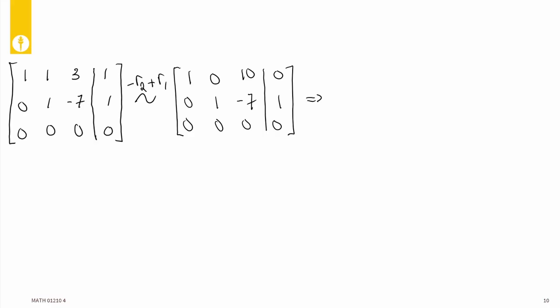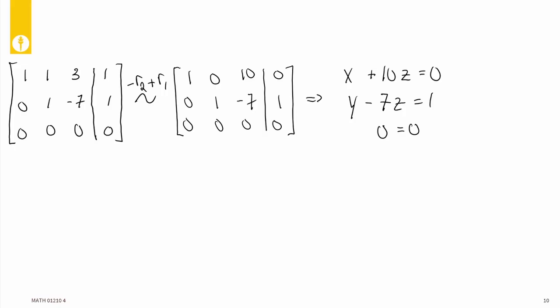Typically, I don't. Right, the first one, x plus 10z is 0. The second one, y minus 7z is 1. The third says 0 equals 0.